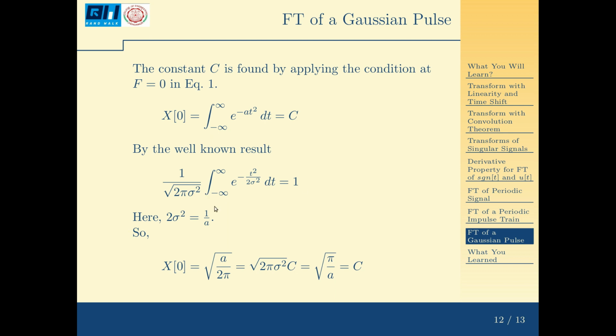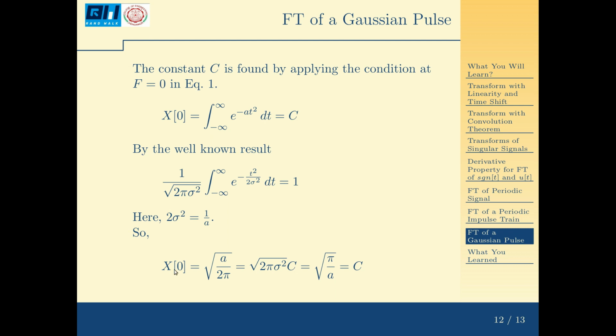Matching with the integral of e raised to minus at square, we can see that 2 sigma square is 1 by a.